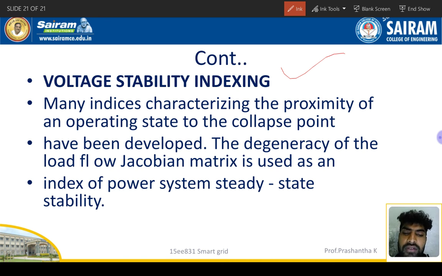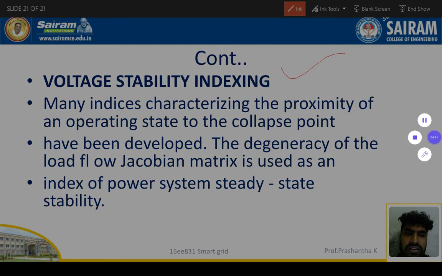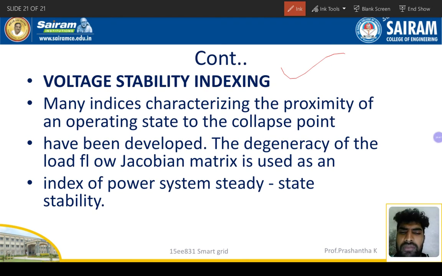See, here load flow has different methods: Gauss-Seidel method, Newton-Raphson method, and fast decoupled methods. There are a number of methods to determine load flow, and the Jacobian matrix is also used to determine the load flow and the index of the power system steady-state stability limit.